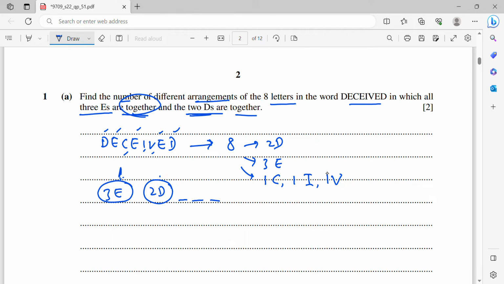So this is 1, here is 1, another 3 different letters, C, I, V. So I will treat this as 5 different letters. Therefore, the number of arrangements is very simple. It is just 5 factorial, which is 120, because there's no difference among the 3 E's and the 2 D's. Okay, so done for 1A.